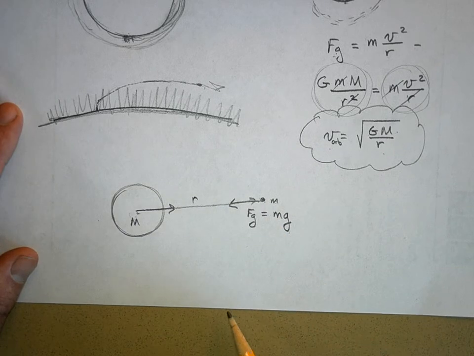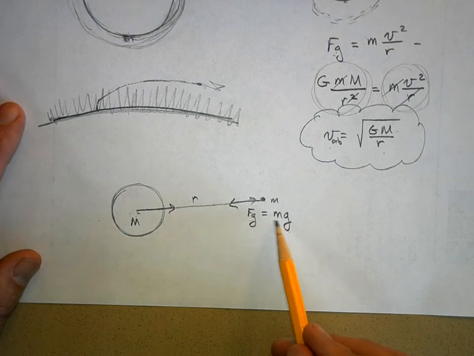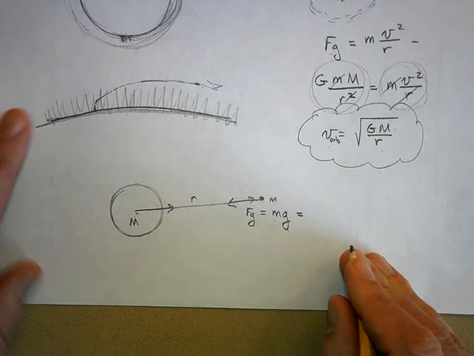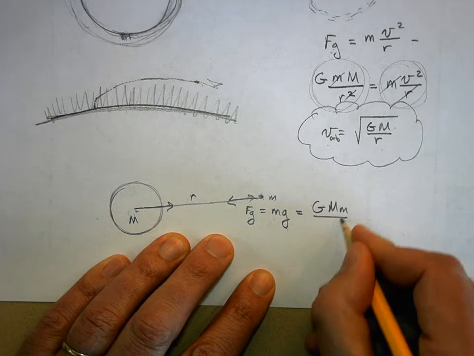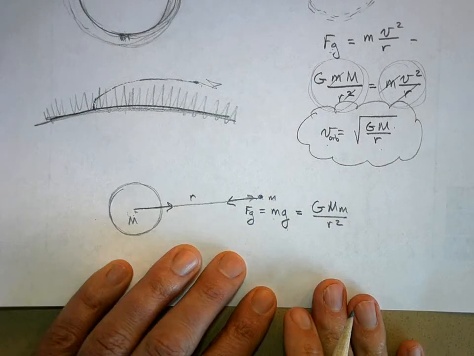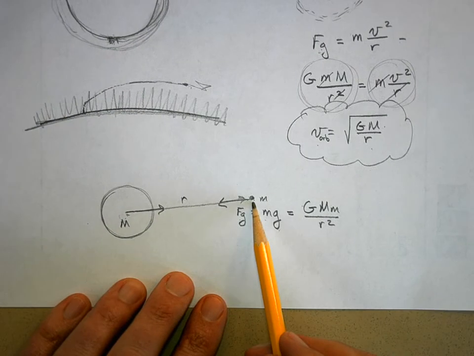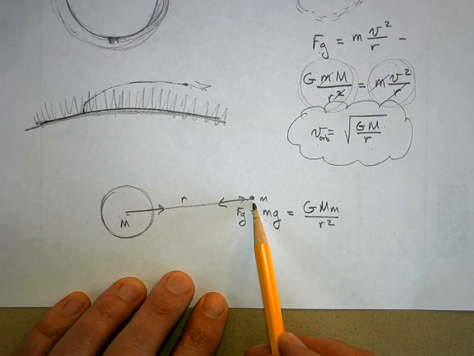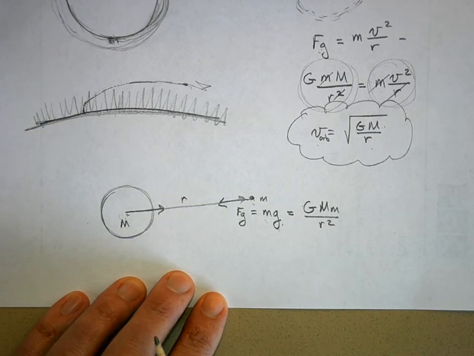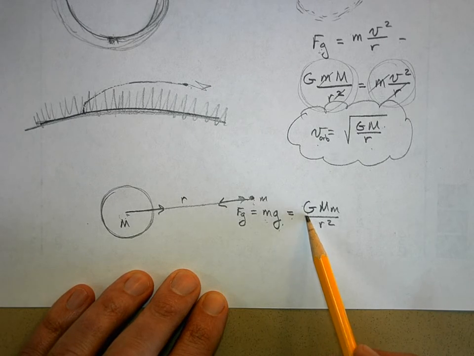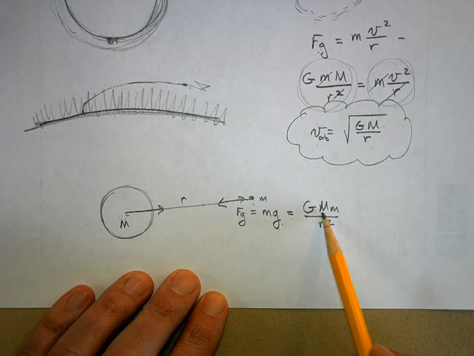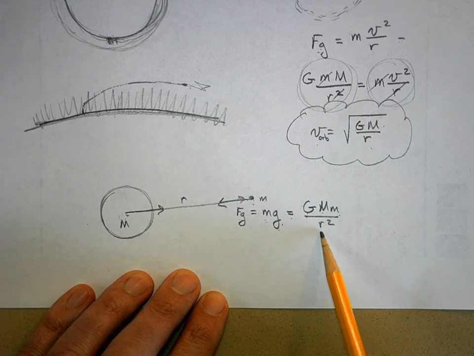Now, this force of gravity is also equal to G M m over r squared. So the force of gravity on my satellite here is equal to m times g. But it's also equal to big G, the gravitational constant, times the mass of the Earth, times the mass of my satellite, over r squared, the distance from here to here.